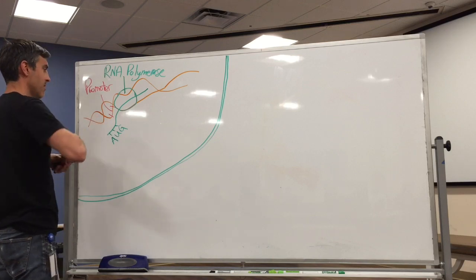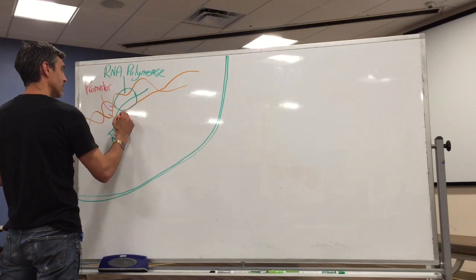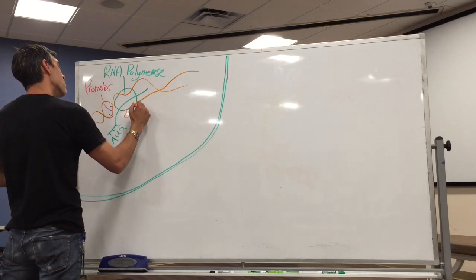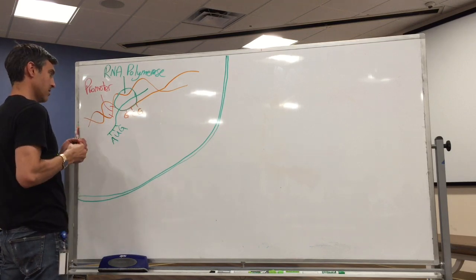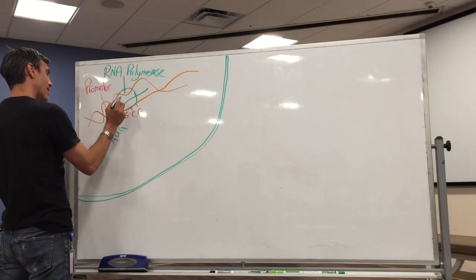So if we have down here, let's say there is G, C, G, but on the RNA transcript there will be what?